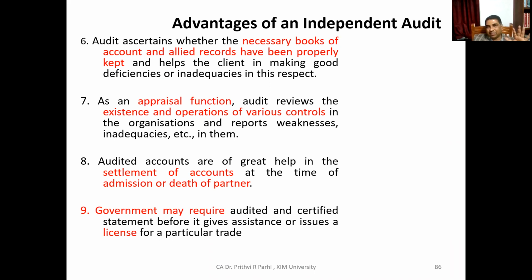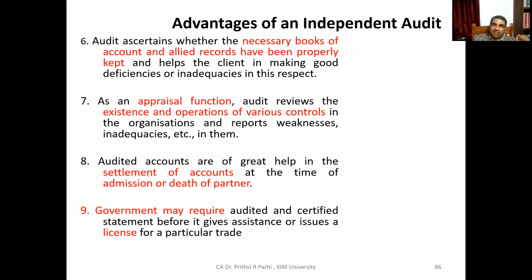Not only accounting books, other statutory books, statutory registers and allied records also need to be maintained. Whether they are maintained or not can be ascertained through an auditing process. When auditing is done, the auditor verifies all these things also.